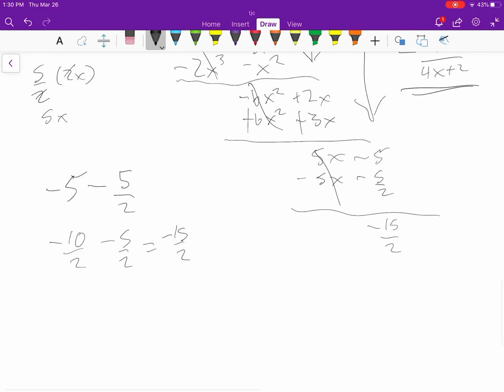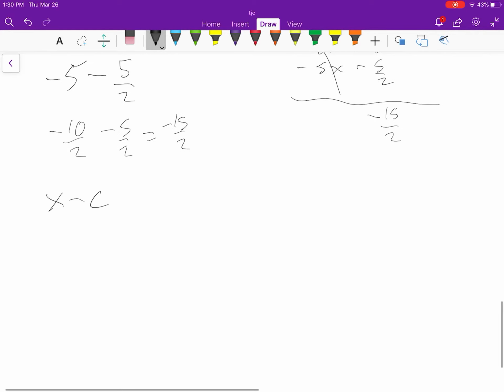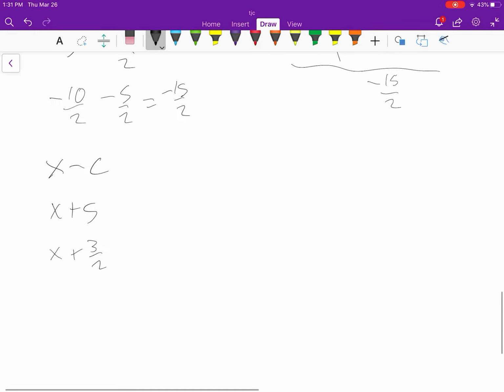Let's talk about a different way of doing division, and it's called synthetic division. The thing with synthetic division, it only works if you're dividing by something that's x minus c. So if we're dividing by an x plus 5, or an x plus 3 halves, etc., or x minus 4.